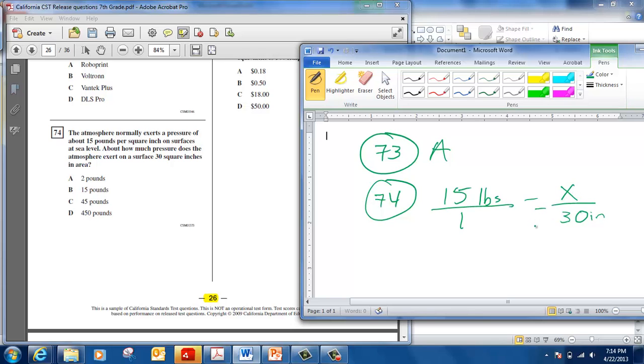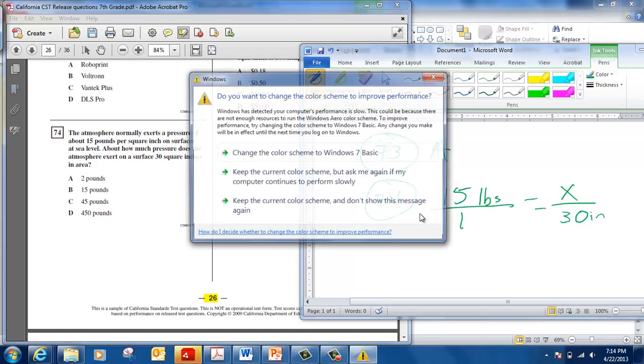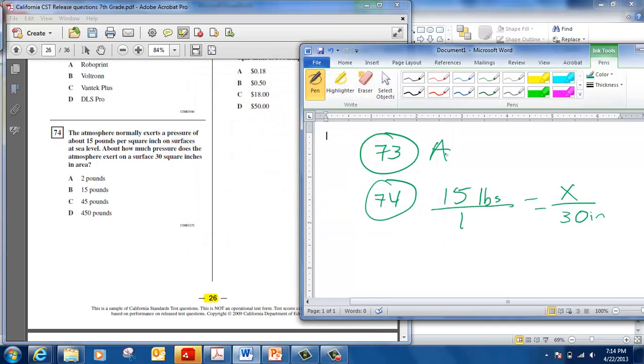And how many pounds is that going to be? Oh, well, if I use my cross product, I can just cross up, and 30 times 15, you can look at here, 1 times 30 gives you 30, so 15 times 30. It's all the same math, it's just the way you look at it. So I'm going to go ahead and multiply 15 times 30. And let's see, 0, 15, so 450. So 450 pounds D.